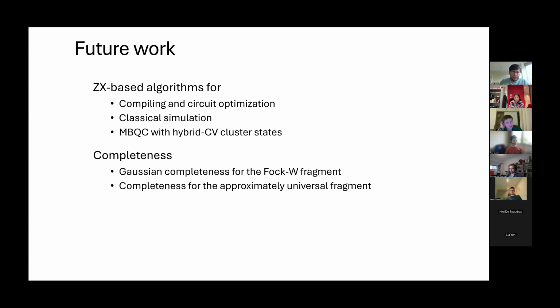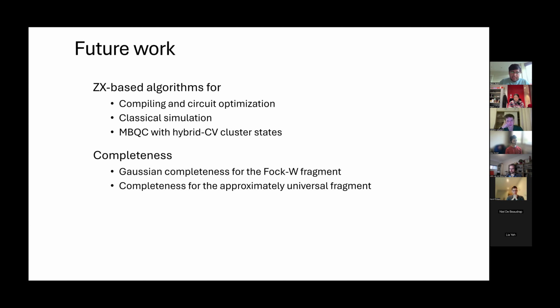Now for this calculus, it would be good to prove more completeness. In the Gaussian boson sampling proof, what we showed is that a large class of Gaussian diagrams, represented in this Fock-W language, can be reduced to a normal form. So it would be very good if we can describe a Gaussian fragment using just the Fock-W part and prove a Gaussian completeness result there.